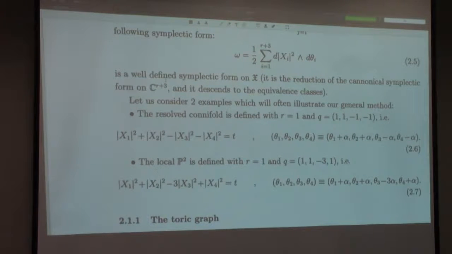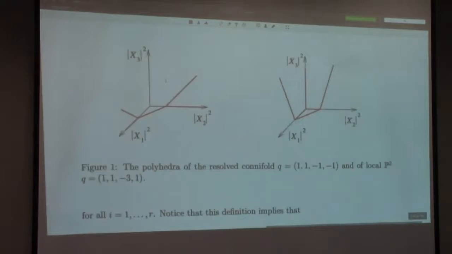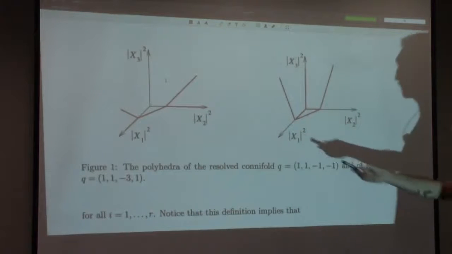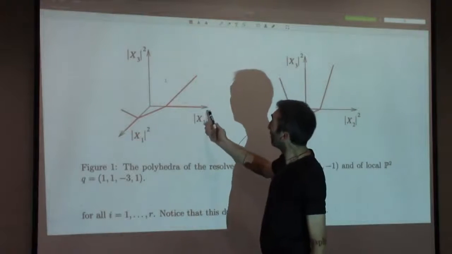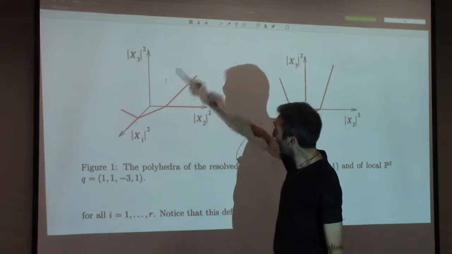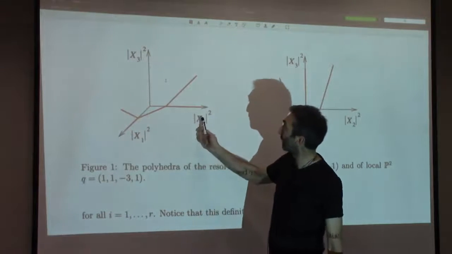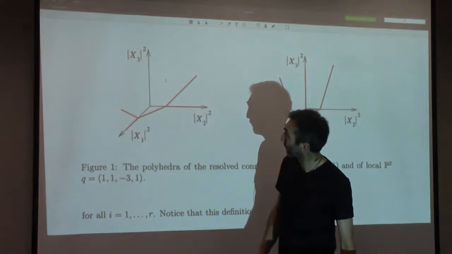The way you write it as a toric graph: it corresponds to this picture. Plot in R_+^3 what are the possible values of |x1|^2, |x2|^2, |x3|^2?